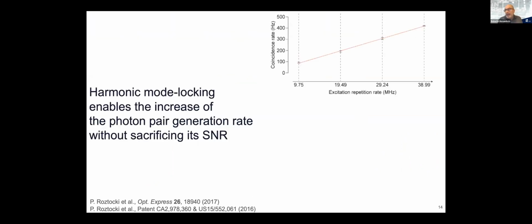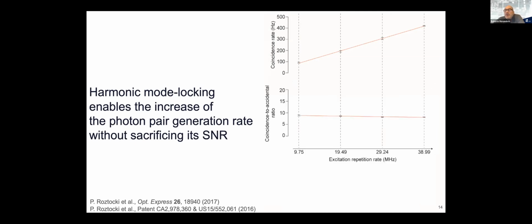If you want to have enough events that you generate, typically you need to increase the power. But then if you increase the power, what is going to happen is that you can have stimulated effect. So it's going to affect the quality of your correlated photons. In order to increase the detection rate, what we can do, as I show you here, is increase the excitation repetition rate by using, for example, harmonic mode locking.